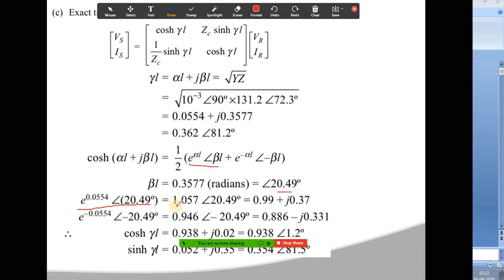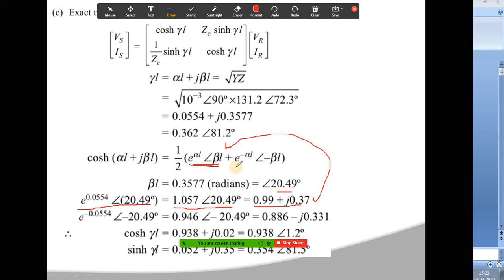If you calculate this value, you will get 1.057 at an angle of 20.49 degrees, and in complex form this will be 0.99 plus j 0.37. This is the first part.